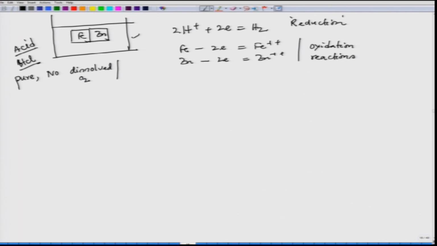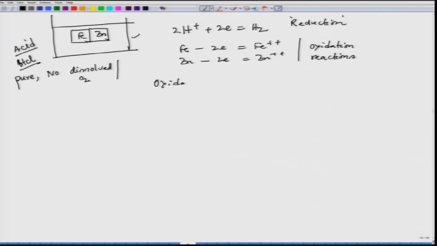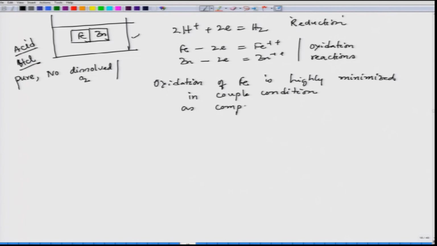Interestingly, after some time if we take out that couple and analyze, we will see oxidation of iron is minimized in the couple condition as compared to when iron is immersed separately in the same acid.